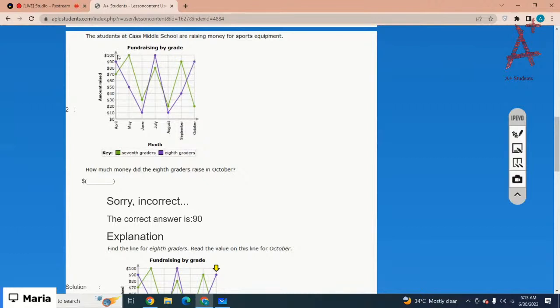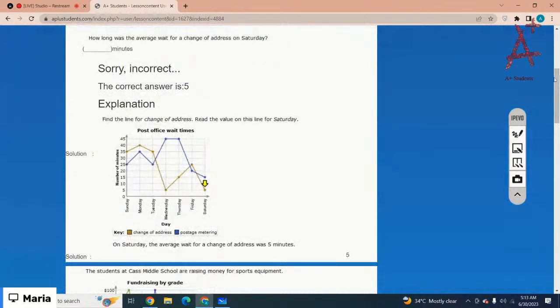That means the eighth graders raised $90 in October. So you can just match it, it would be 90. Let's just start with the practice questions.